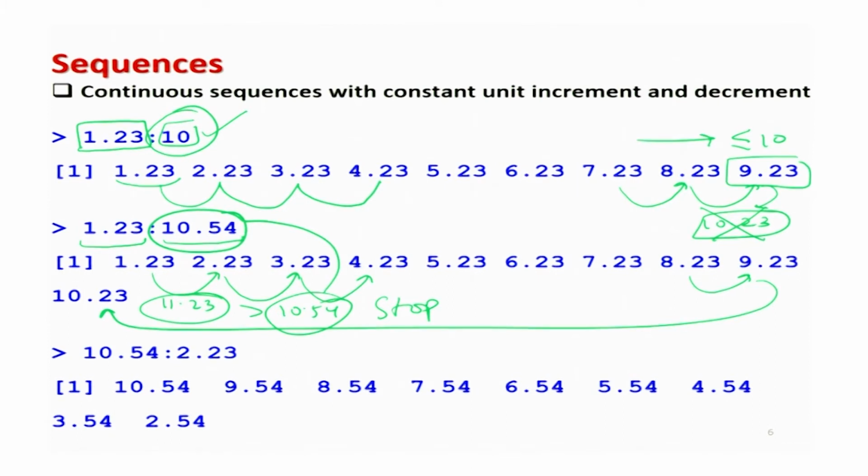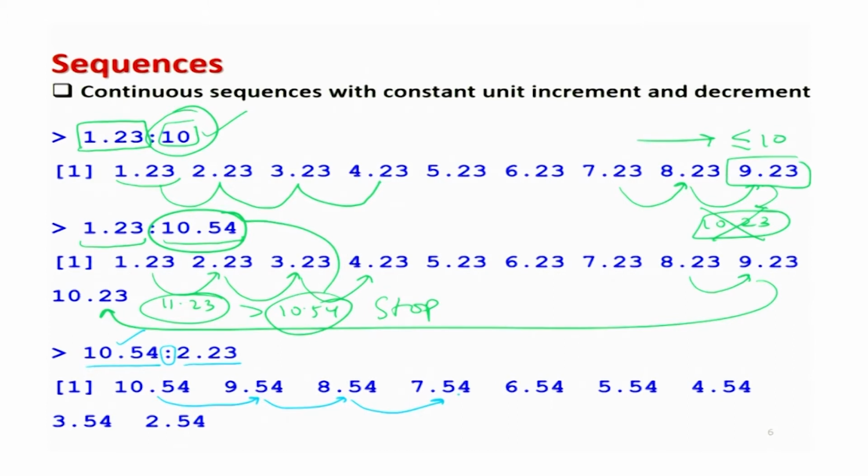Similarly, if you take one more example where the starting point is greater than the ending point, so I create a sequence like 10.54 colon 2.23. Now what will happen? The sequence will begin at 10.54, then 9.54, 8.54 and so on.